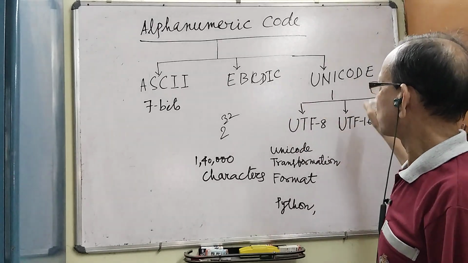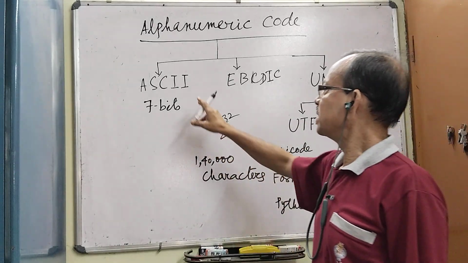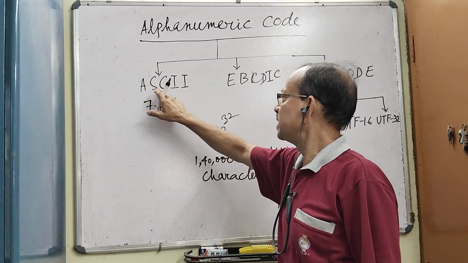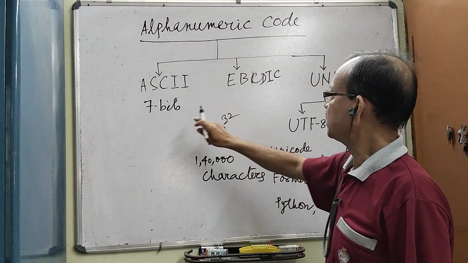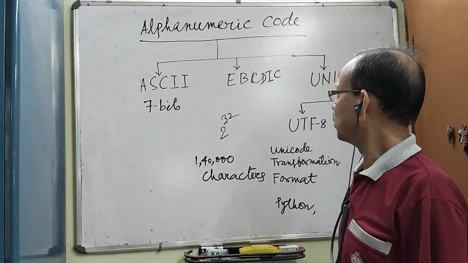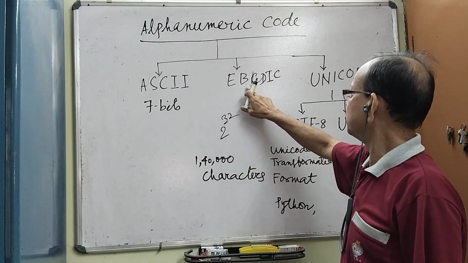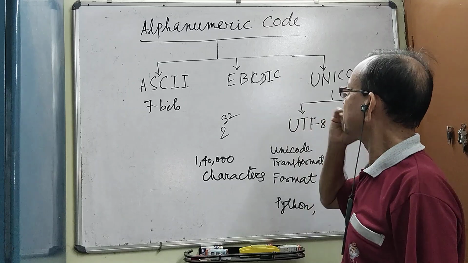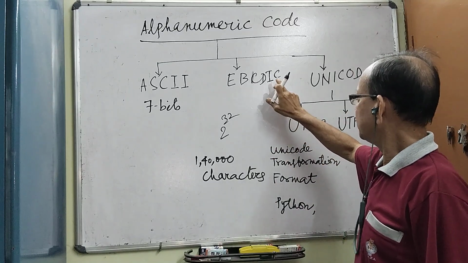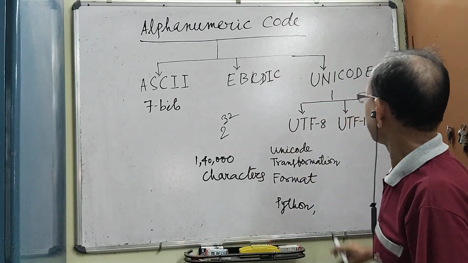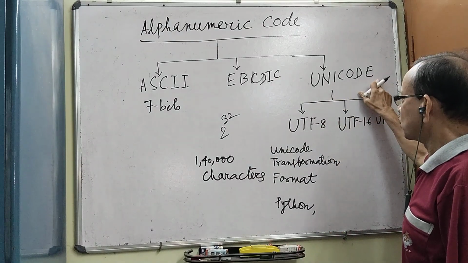Basically three types of code. One is the ASCII code, American Standard Code for Information Interchange. It is 7 bits. And other is the EBCDIC, extended binary coded decimal interchange code. And third is the Unicode.